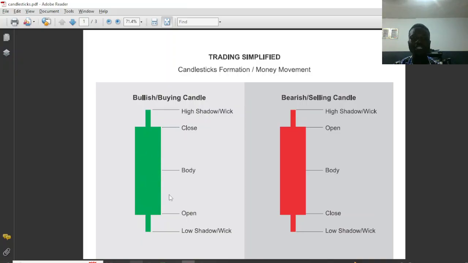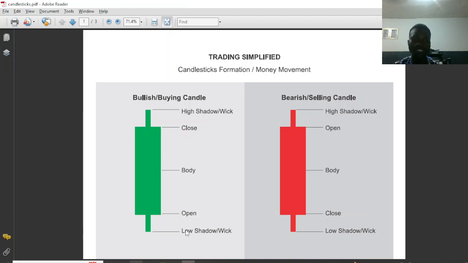When the market opened from below here, some traders were buying the market, making the body of the candle bigger up to this stage. When there were no more people buying the market at that instance, the market will close at this point. And you can also see that we have the low shadow, or wick.